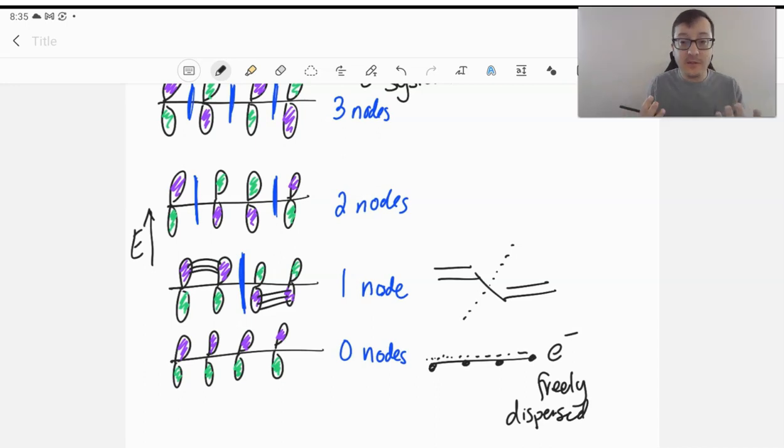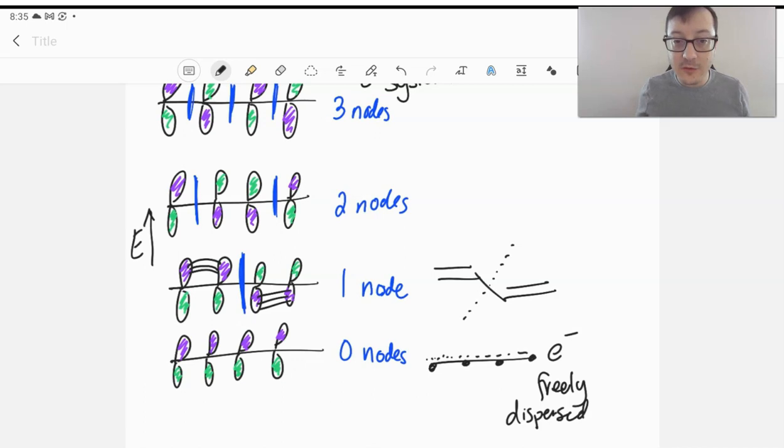So we have complete free movement of electrons. They're all just happily floating around. And we see that it's going to be our lowest energy state, where we have no barriers to the electron movement. With one node, we see that we have kind of 2 distinct double bonds.